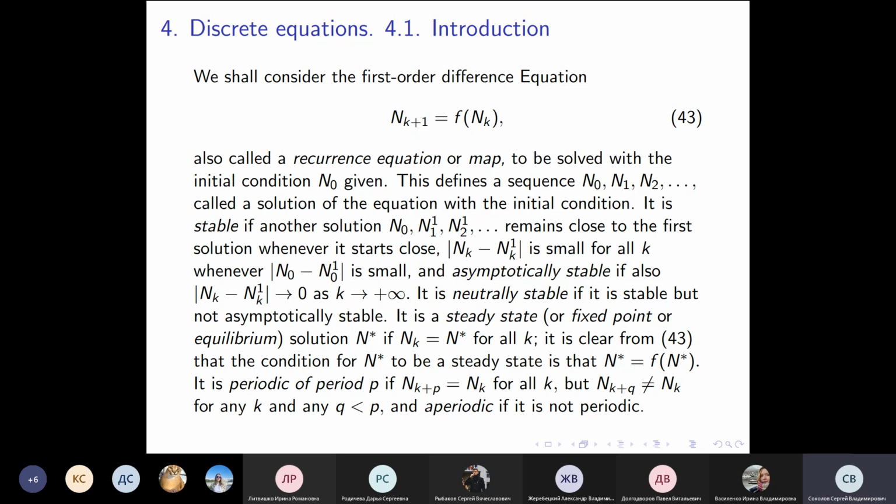What is a steady state for our difference equations? What is the condition for steady states or equilibriums? Are there any equilibriums in our system?